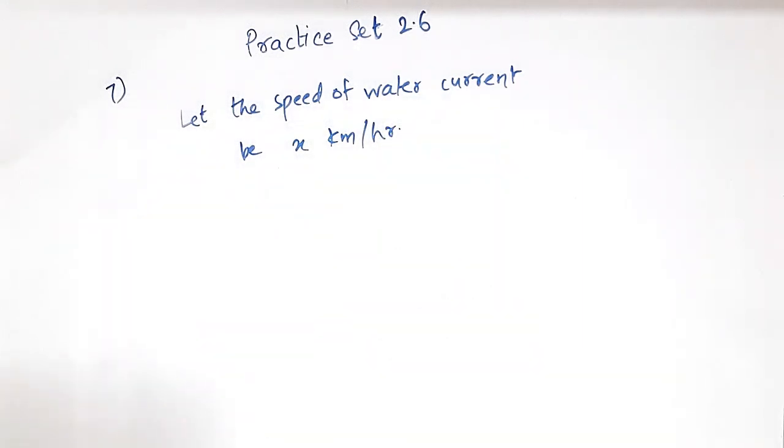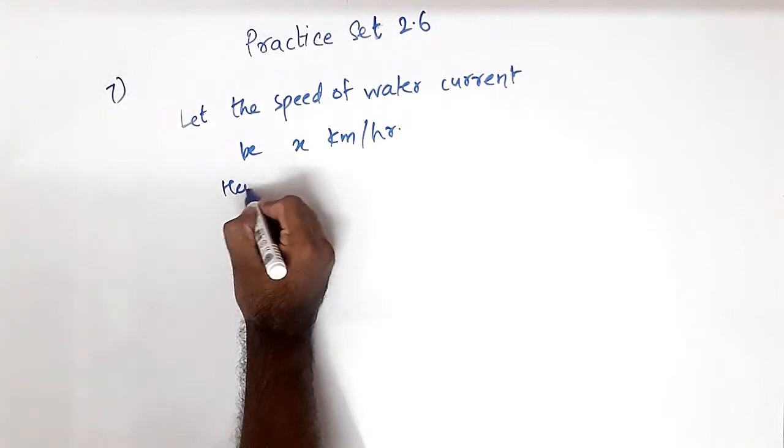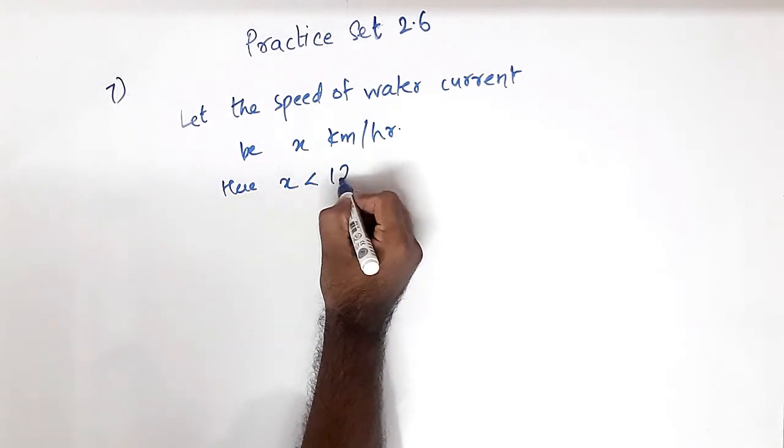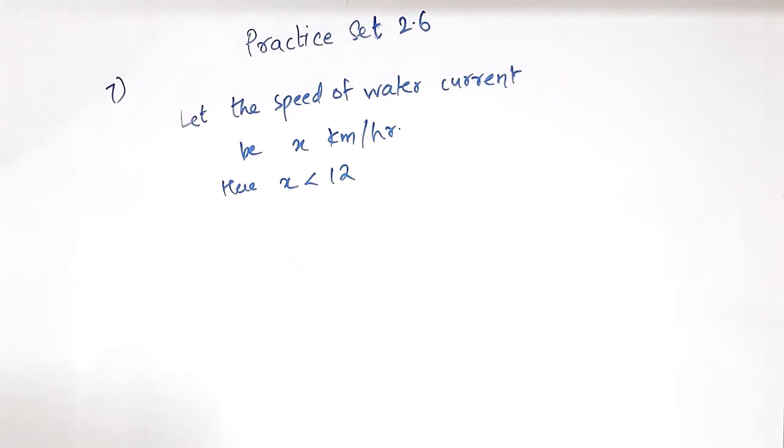So here x is less than 12. The speed of the boat in still water is 12 kilometer per hour.